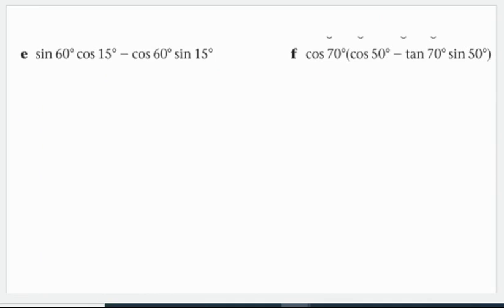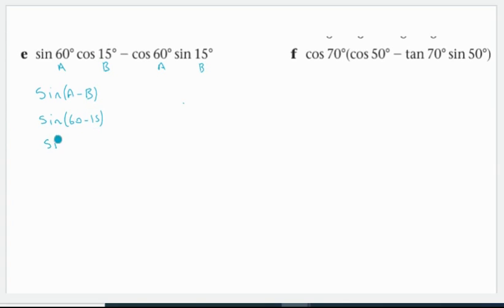Let's keep going, guys. Same thing again, work out the value of these things without the use of a calculator. So if we call these A and B, we have the expansion sine A cos B minus cos A sine B, which is the same thing as sine of A minus B. So that is going to be sine of A, which is 60, minus B, which is 15.